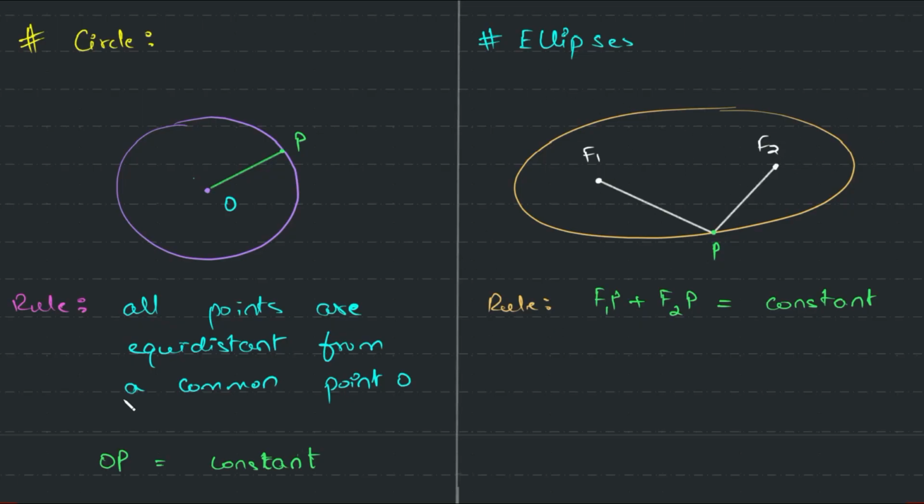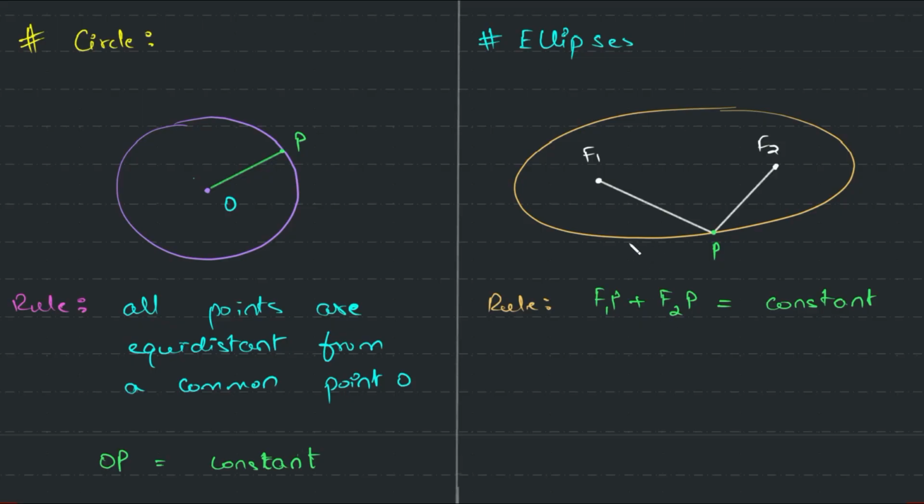That's the most basic way to define it. If I pick any point on the ellipse, measure its distance from each of the focus and take the sum, it will always be the same. So this single rule defines a given ellipse.